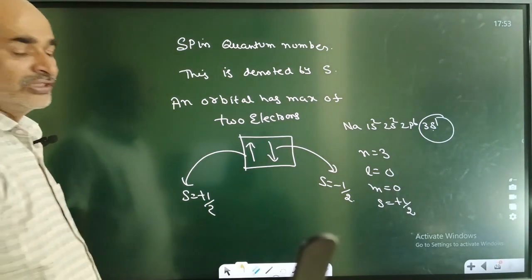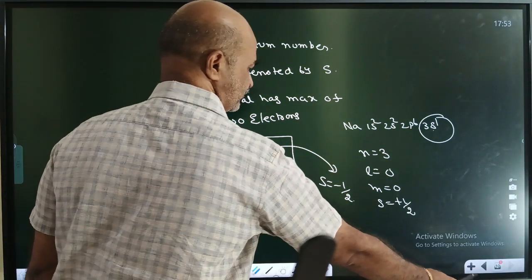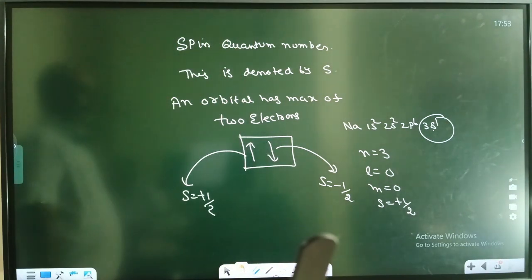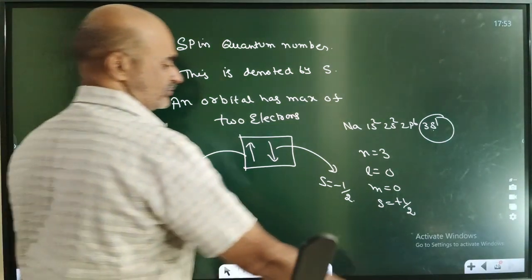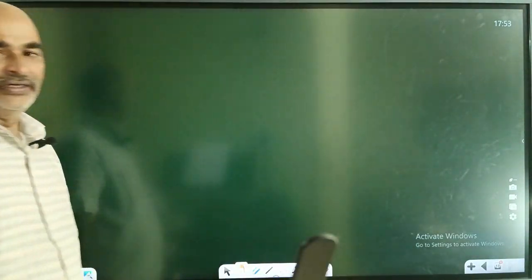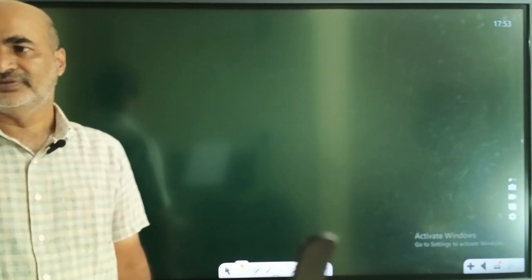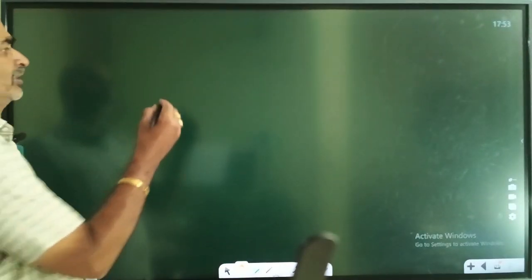Okay. What are the four quantum numbers for the differentiating electron of the oxygen atom?